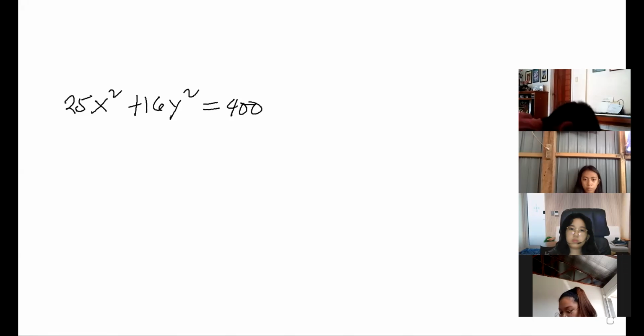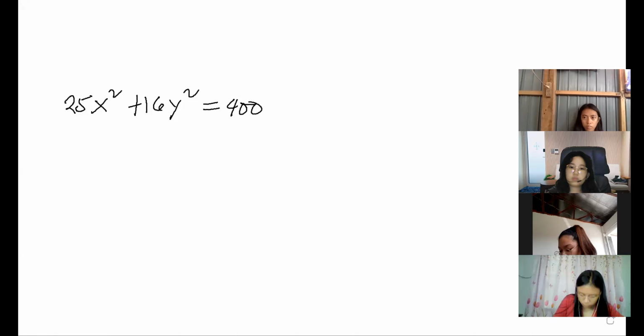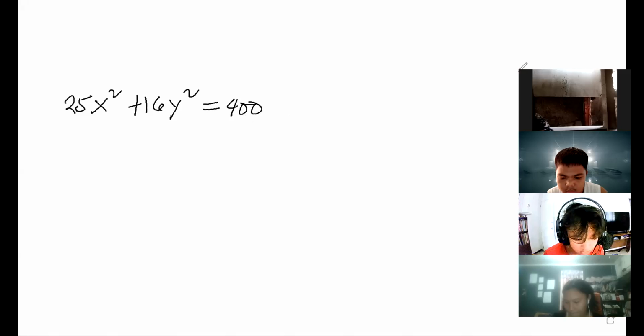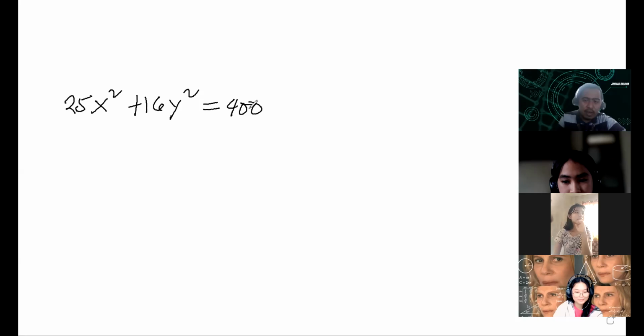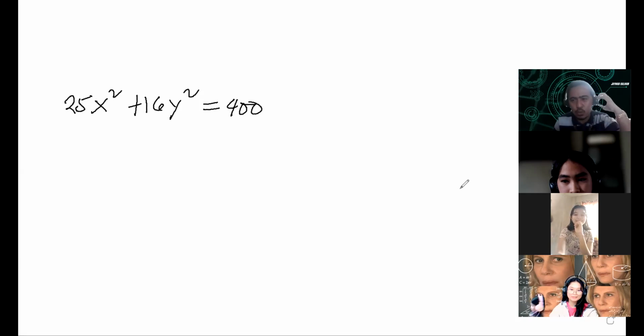Yes, Janil Magsayo. What should be the first step, Janil? Divide both sides by 400. Yes, you divide both sides by 400 so that you can make the right side equal to 1, right? Kindly do it. Miss Magsayo, can you try to annotate so that you can also try to navigate here in Zoom?